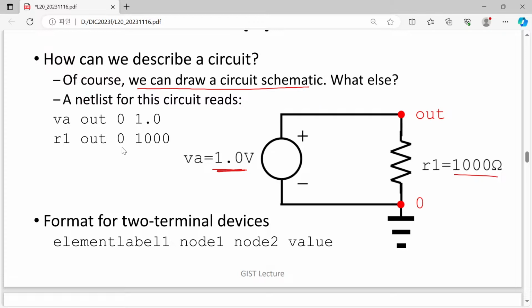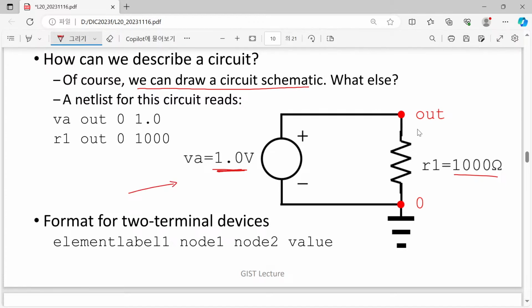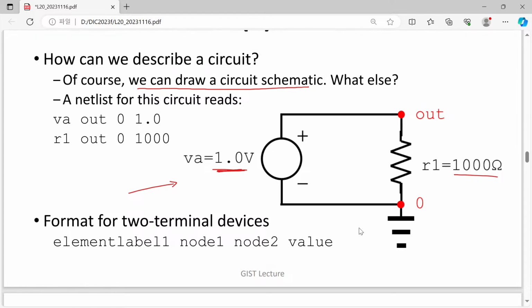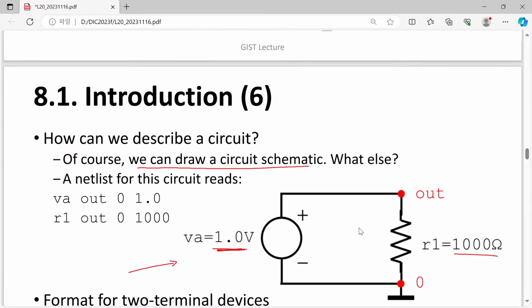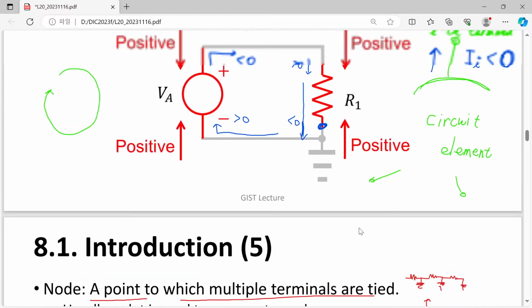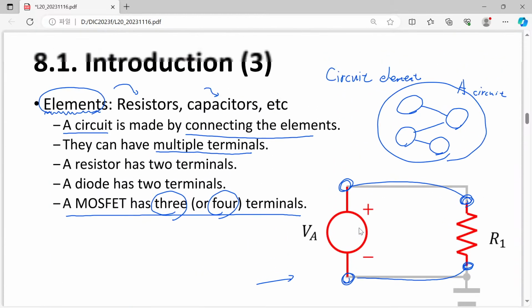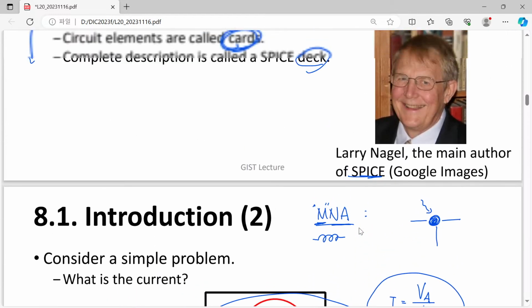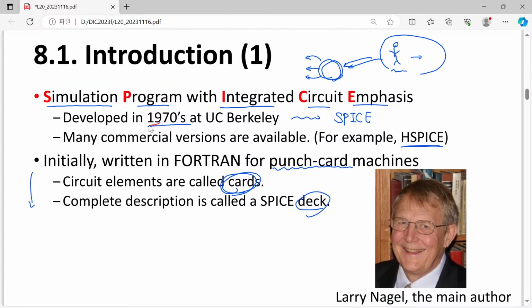However, how can we ask our program to recognize this circuit diagram? I think that nowadays if we just take a picture and give it to ChatGPT, maybe it can recognize it as a voltage source and resistor, but please note that the initial invention of our SPICE program was done in the 70s.